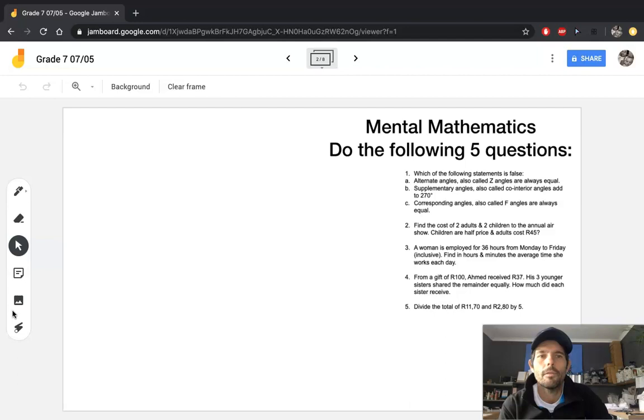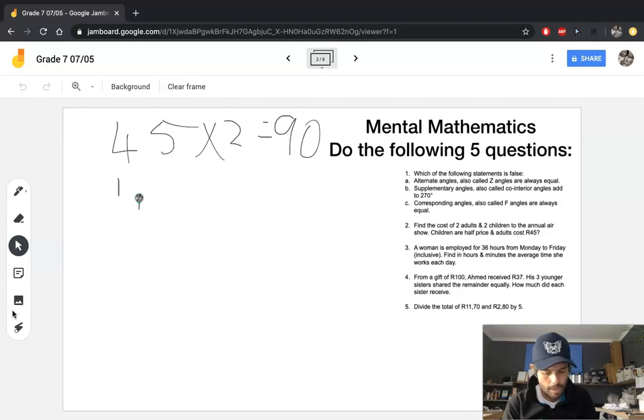Question 2, find the cost of 2 adults and 2 children for the annual air show. Children are half price, adults cost 45 Rand. So adults will be 45 multiplied by 2, which gives us 90 Rand. And then the children, we need to divide 45 by 2.